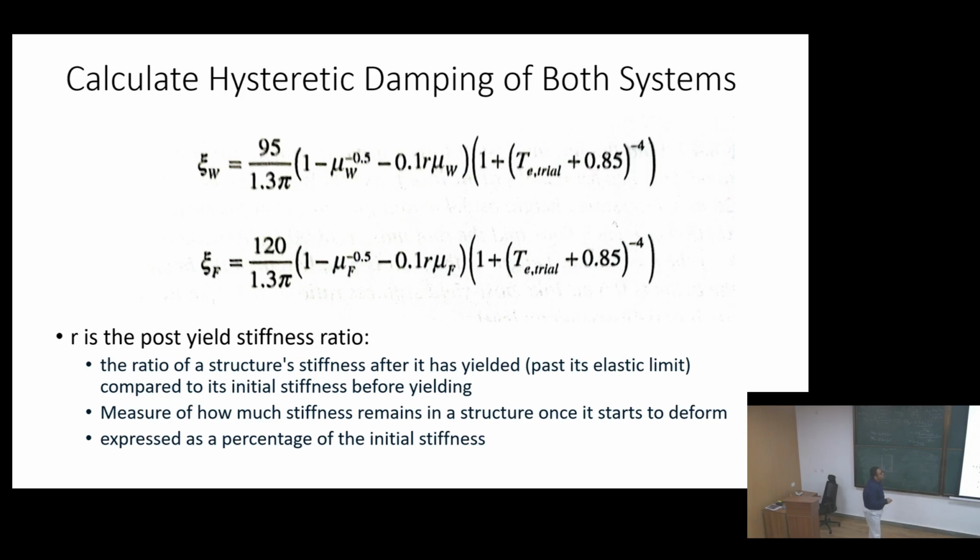Now, you calculate a xi of wall and a xi of frame. Your equivalent viscous damping of wall, equivalent viscous damping of frame. We needed a time period here. That's why we had to do the trial time period that we derived in the previous step.